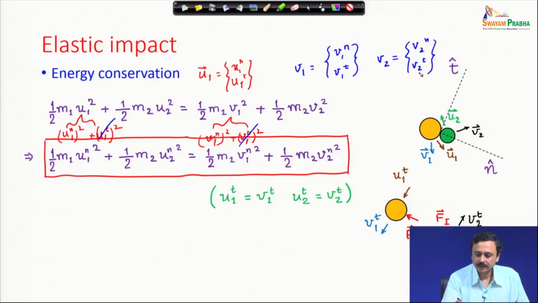Out of these four unknowns which we started off with, we have already found two of them.